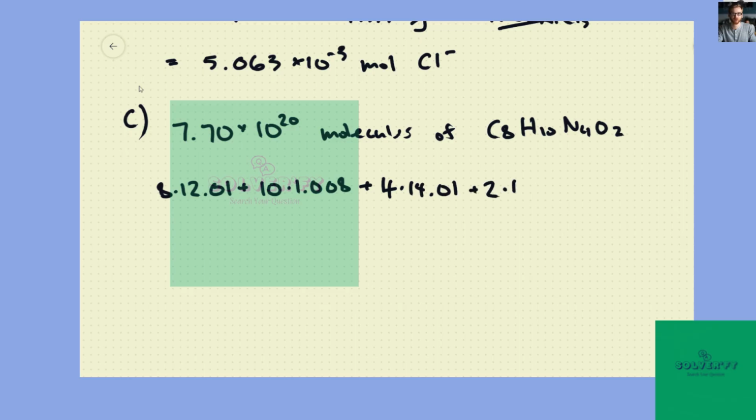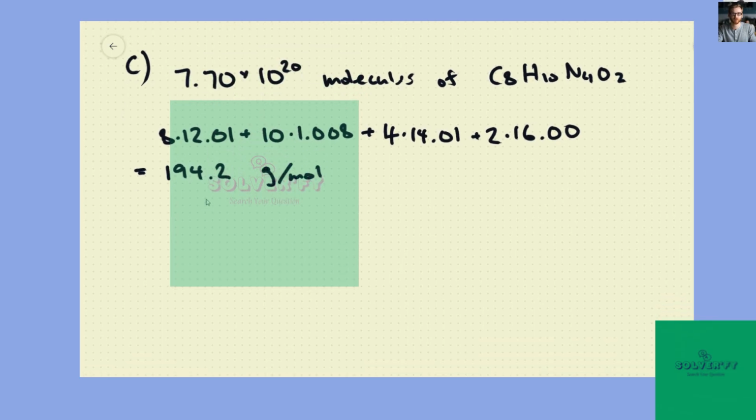And then 2 oxygens, which each have a molar mass of 16.00. 8 times 12.01 plus 10 times 1.008 plus 4 times 14.01 plus 2 times 16 is 194.2 grams per mole.